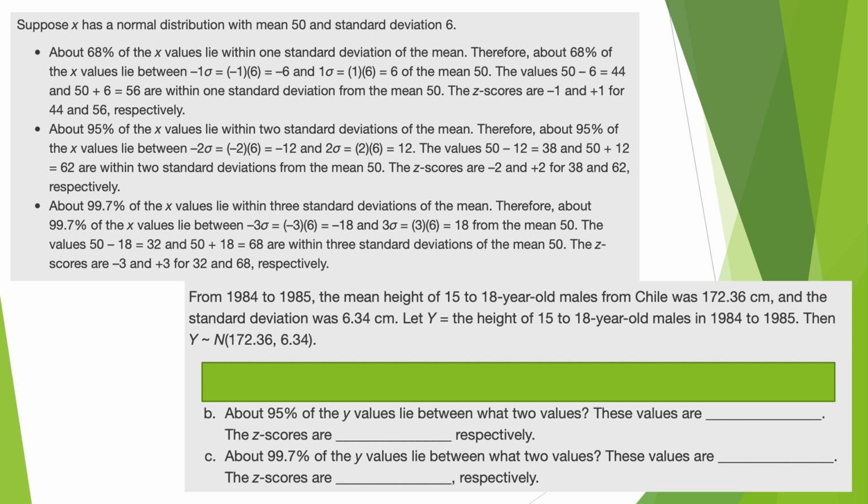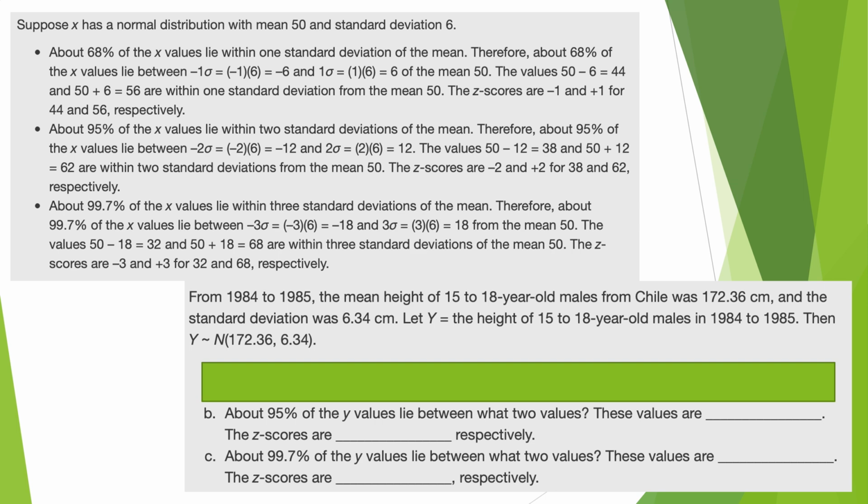That's in the middle. So 50 minus 12 is 38, and 50 plus 12 is 62. So 95% of the scores are within 2 standard deviations of 50, which means you are within X values of 38 and 62, and the z-scores are negative 2 and positive 2, okay?